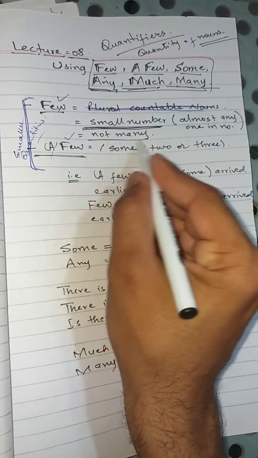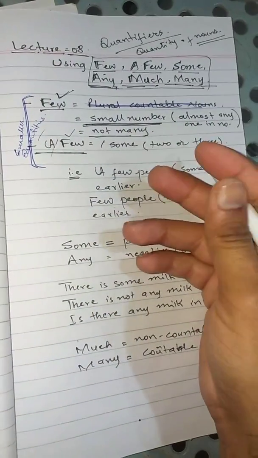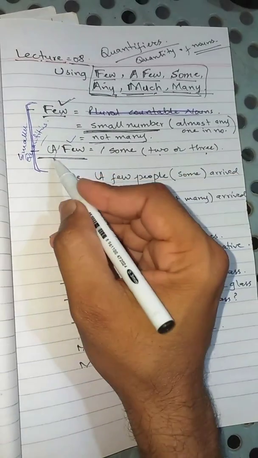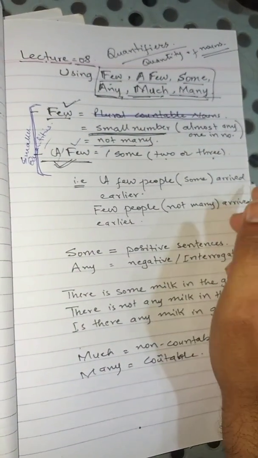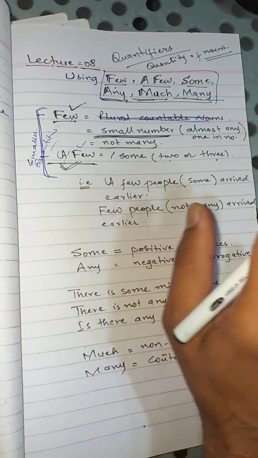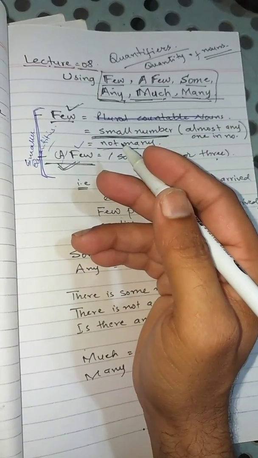Means not many, then you are going to use few. But if the quantity is around two or three, then you are going to use a few. A few means some, two or three, while few means hardly one or two.